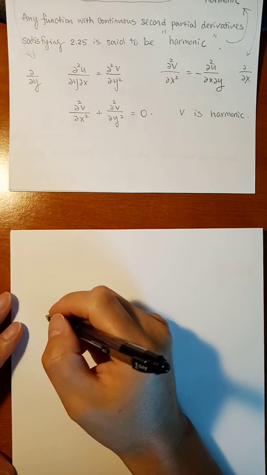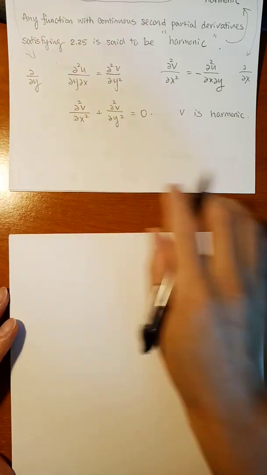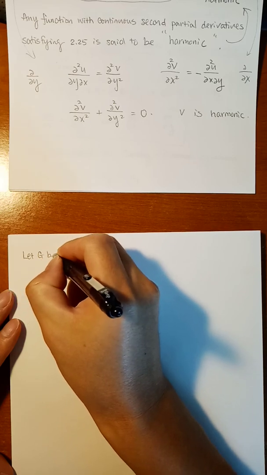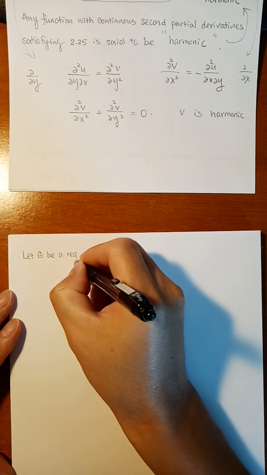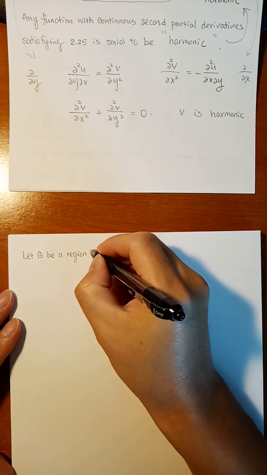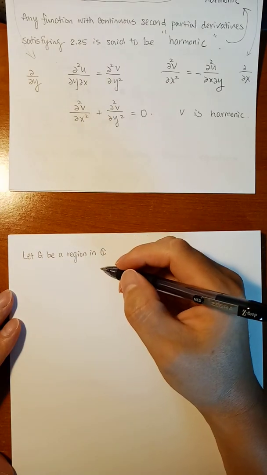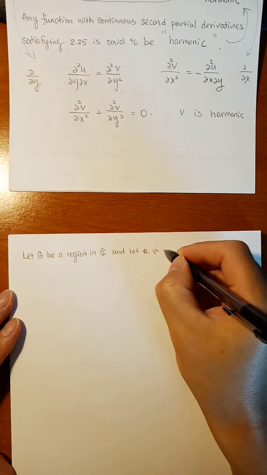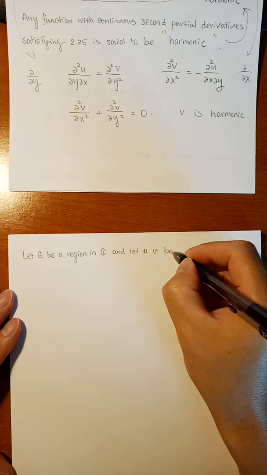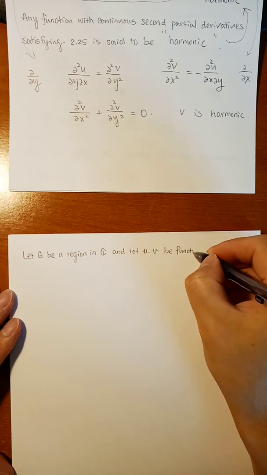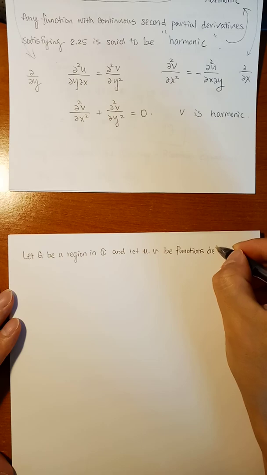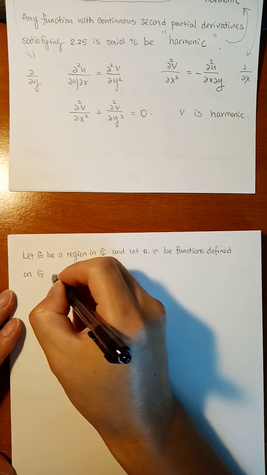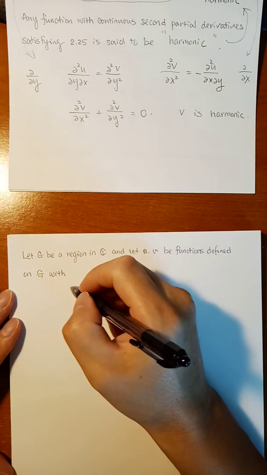Okay, in this video we're going to show the reverse direction. So let G be a region in C, and let U, V be functions defined on G with continuous partial derivatives.